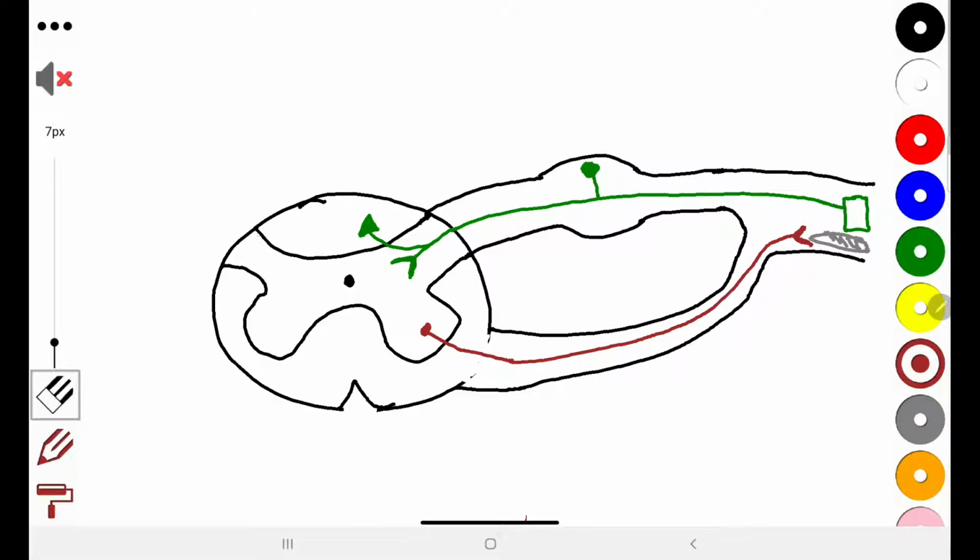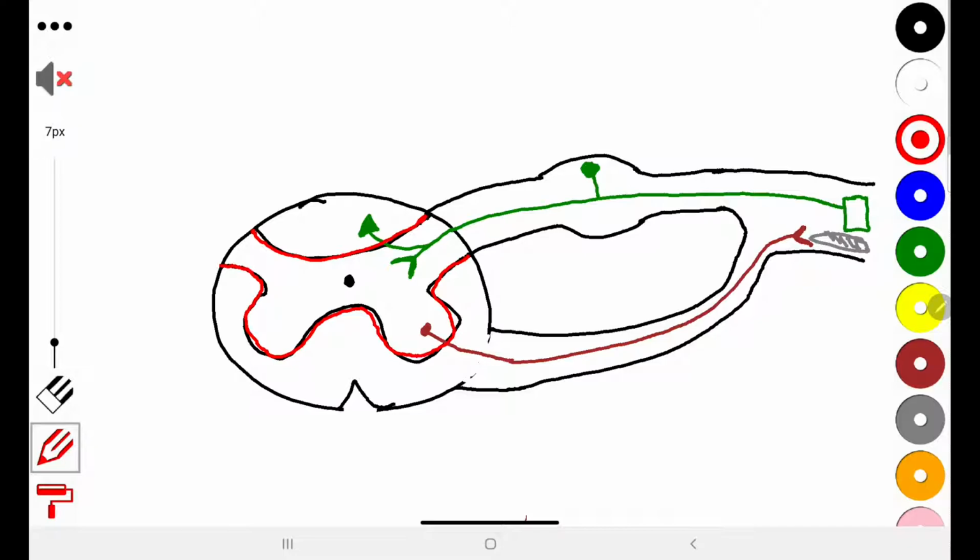The central part looks like a butterfly, and it is surrounded by a whitish area.